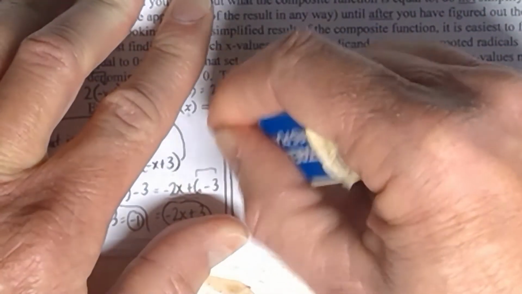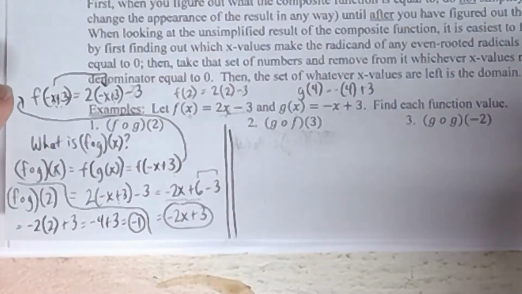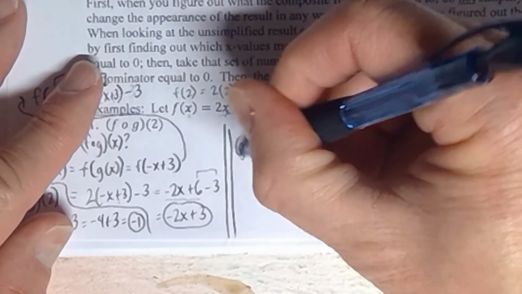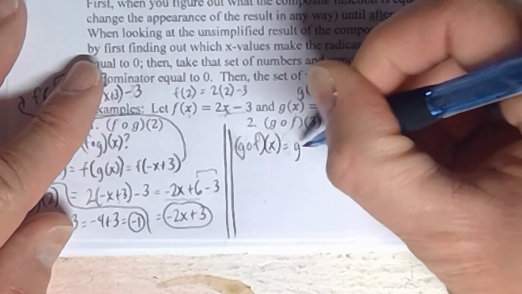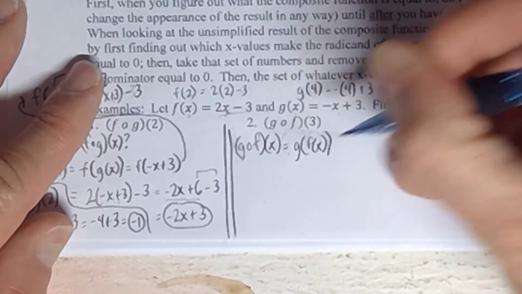It's going to be the same process as the last problem, it's just that the g goes first this time. So g circle f of x is what? It is g on the outside, f on the inside.